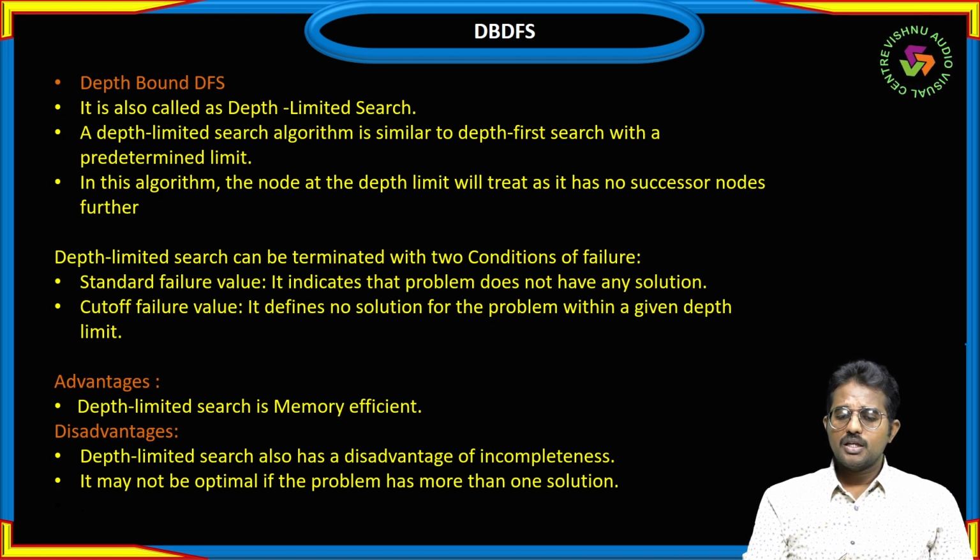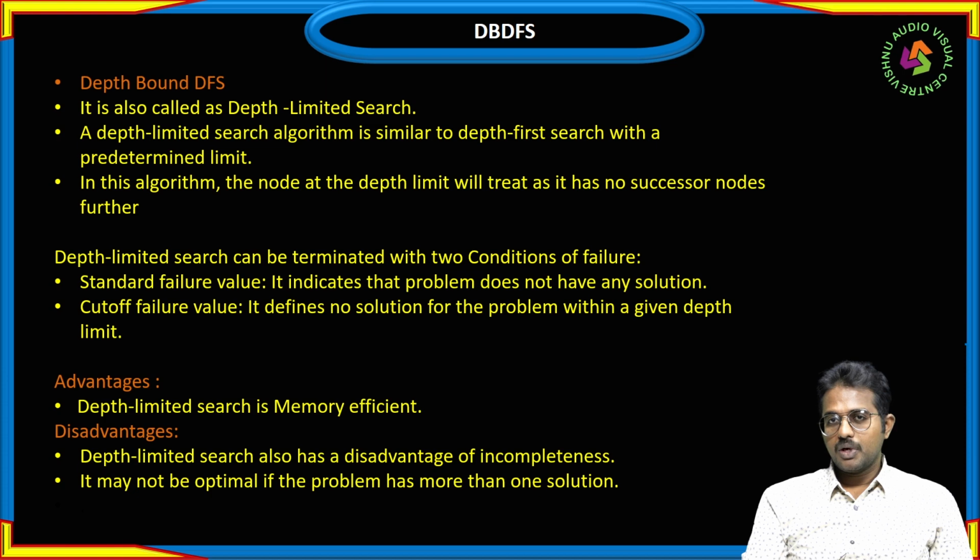In that condition, DBDFS will not return the solution and will say there is no solution present. Because of this, we can say this algorithm gives an incomplete solution. And also this algorithm is not going to give the optimal solution.